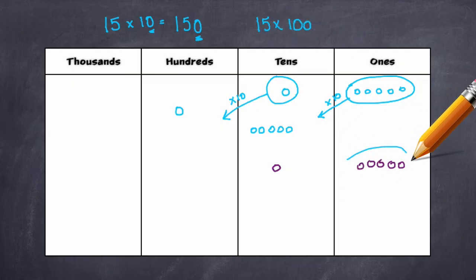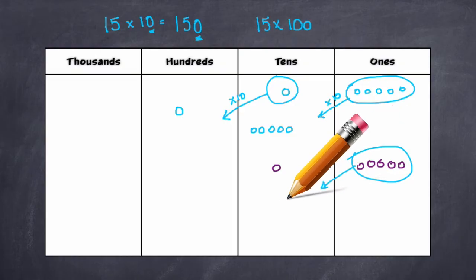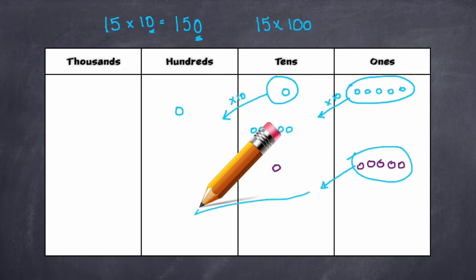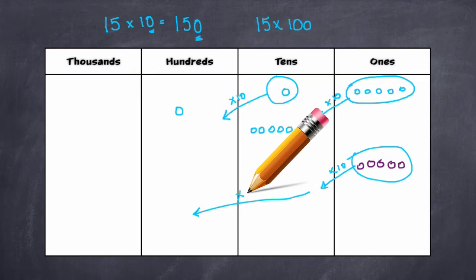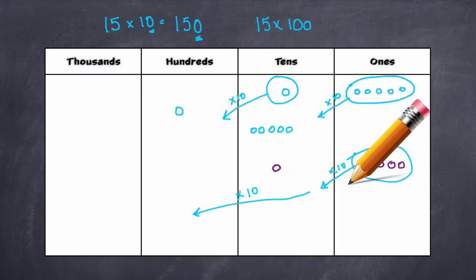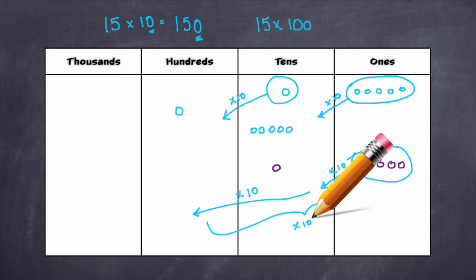So I'm going to move this guy one spot for 10, and then another spot for 100. Okay, so this is times 10, this is times 10. Overall, this would be times 100.